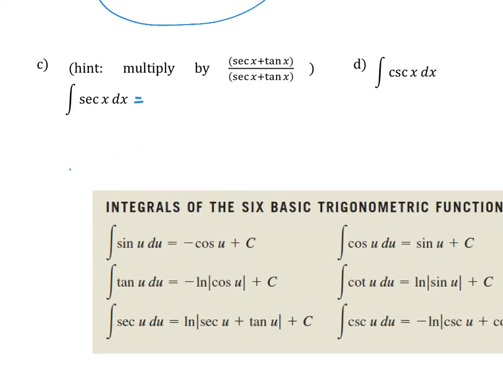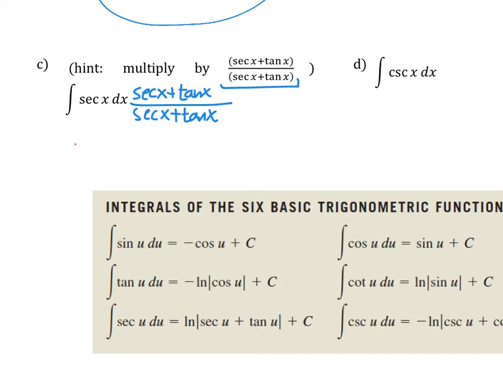So you'll have to think back to pre-calculus and some of your identities, but we're going to multiply by secant plus tangent over secant plus tangent on top and bottom. So let's do that. We'll multiply top and bottom by secant plus tangent.